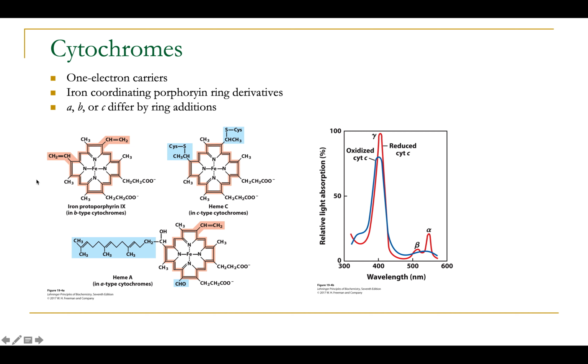The A and B-type cytochromes are membrane-associated proteins and they are embedded into large respiratory chain complexes, complexes 2, 3, and 4.